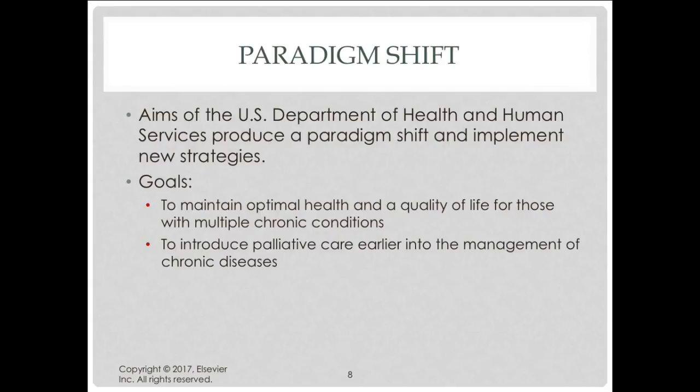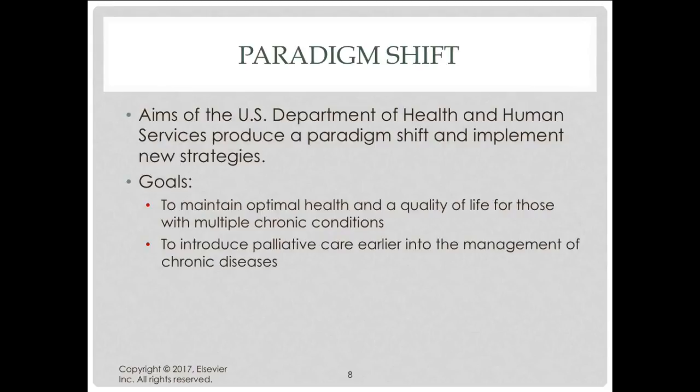And so our shift is wanting to make sure that earlier on we have an understanding that the trajectory as of right now is that their disease process will go this direction, and then they will die. And so we want to make sure that what we are doing for them is providing quality of life.